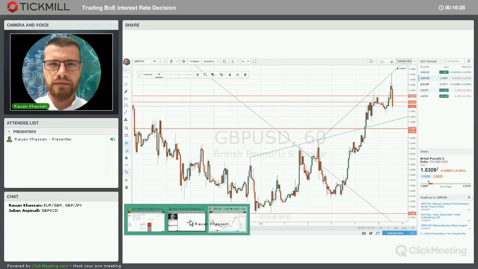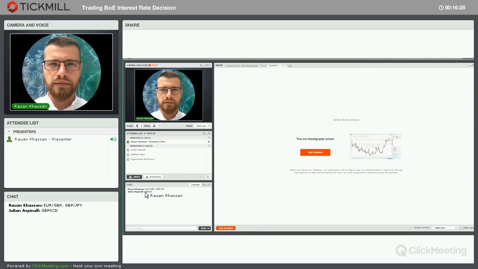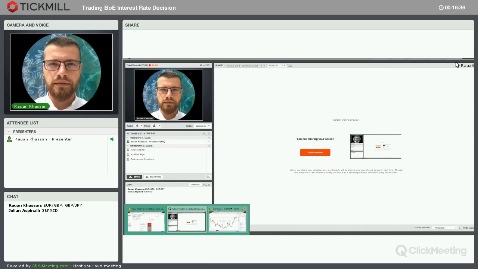So Julian was asking for British pound to New Zealand pound. Let's see what we can do with it.